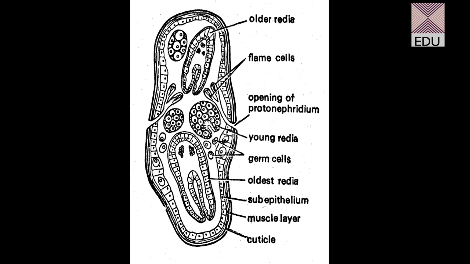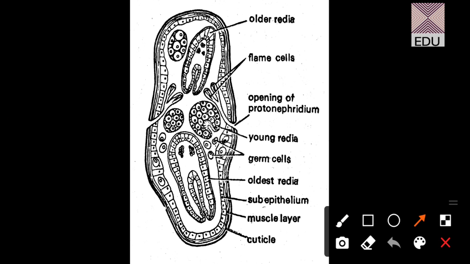Whenever the miracidium penetrates a snail, the cilia are lost. So this second form does not have any cilia. The cilia are replaced by the outermost layer, the cuticle. So here it has a cuticle over it.